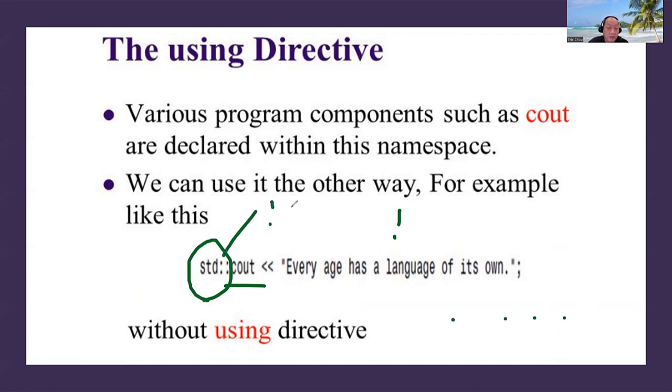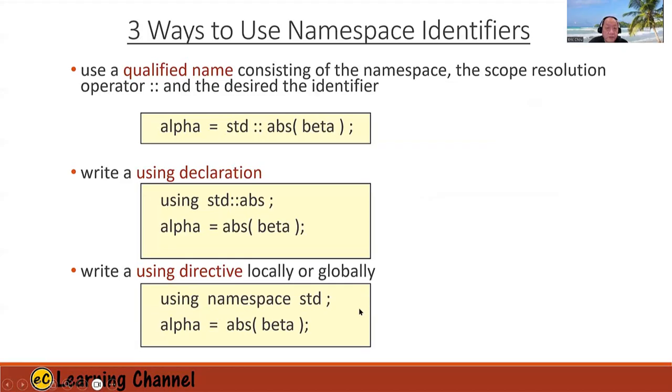Right here, you use two colons as the scope specifier. That's all you need to know. So your abs function really is std::abs. But if you use this one, then you actually don't need to write std.